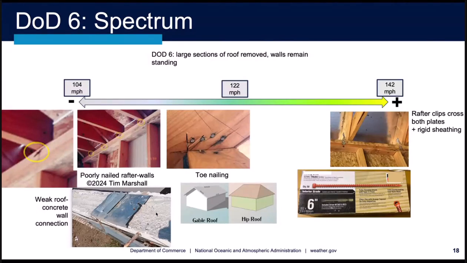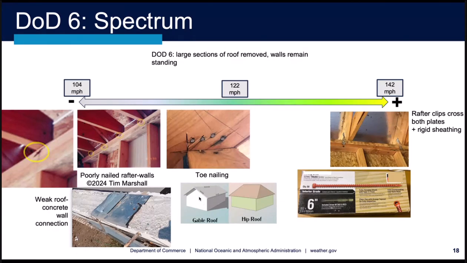Down below, this is actually a concrete wall house with these metal plates in which metal rafters were attached. But the metal plates had tiny screws that went in probably about half an inch into the top of the concrete wall. There was no strapping or anything like that. That's no better than this at all. In fact, it's even worse than just toenailing rafters to top plates.